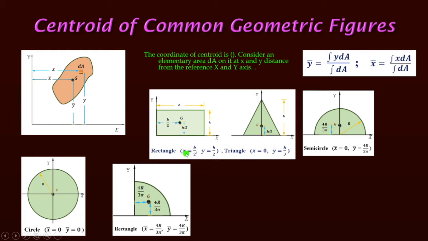Means the coordinates are x bar equals b by 2 and y bar equals h by 2. Similarly, in case of a triangle, if the axes are like this, then x bar equals 0 because it lies on the y axis, and y bar distance is h by 3.